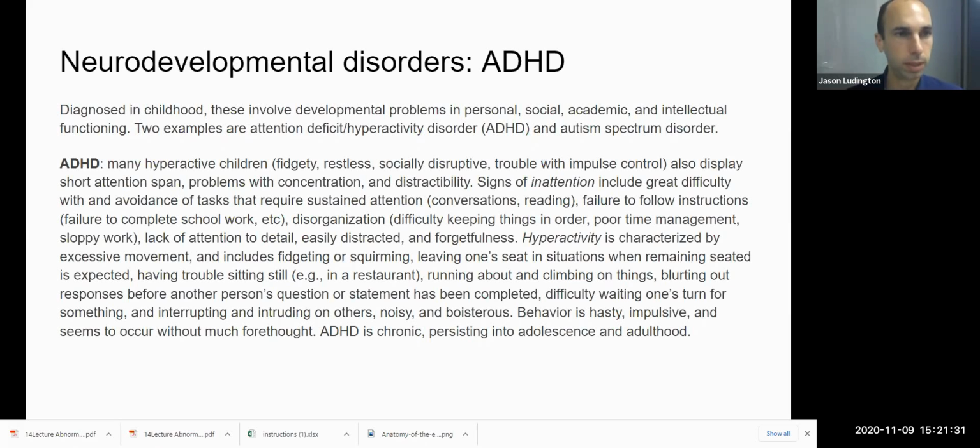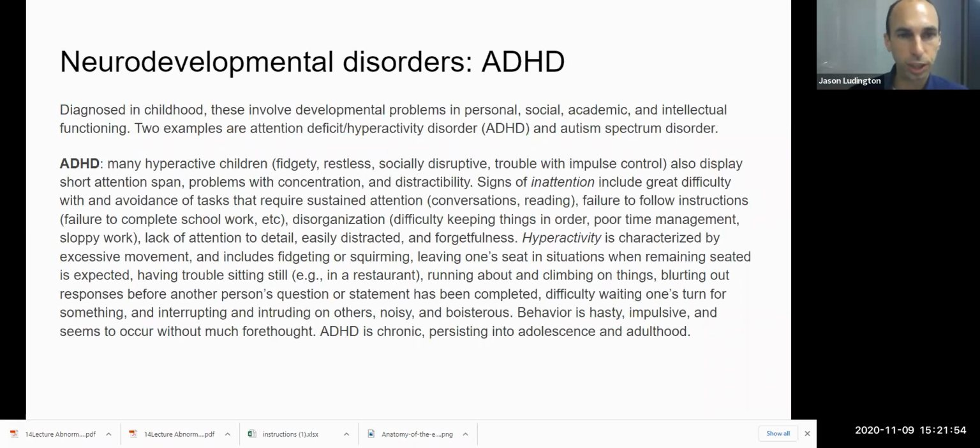These neurodevelopmental disorders are diagnosed in childhood. They involve developmental problems in personal, social, academic, and intellectual functioning. Two examples are attention deficit hyperactivity disorder, or ADHD, and autism spectrum disorder. So ADHD I'm going to talk about here.